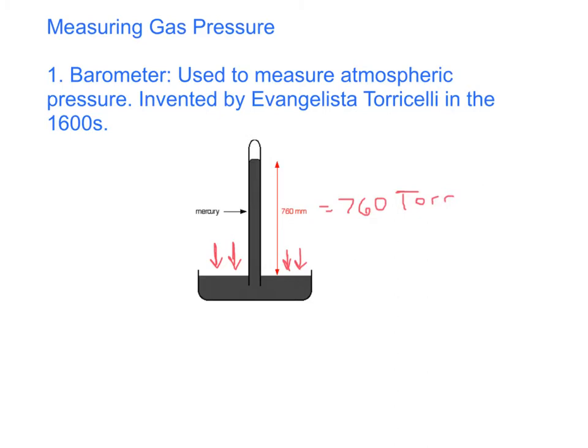The number I have here is 760 millimeters. If you measured the height from the surface of the mercury to the top of the column, the average air pressure at sea level on Earth is 760 millimeters of mercury. In honor of Torricelli, the unit of millimeters of mercury is also sometimes referred to as torr, T-O-R-R.